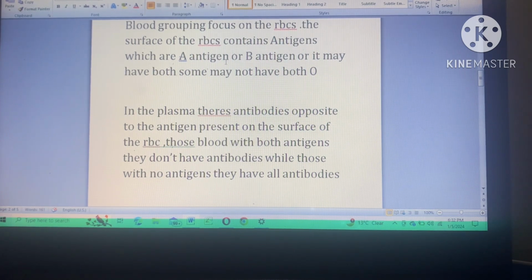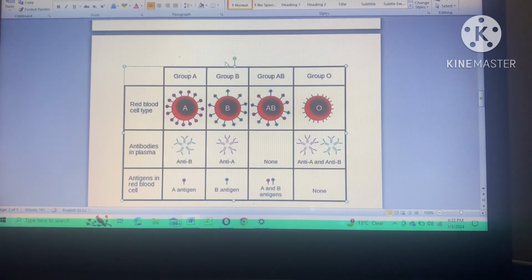They say when the blood group is A, it may contain A antigen and A antibody. No, they will cause a reaction. That will be agglutination. So there will be an opposite. In the plasma, if there is anti-B antibody, it means on the surface of RBC there is A antigen. All right, don't confuse.